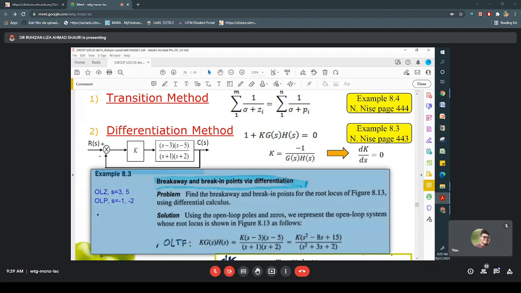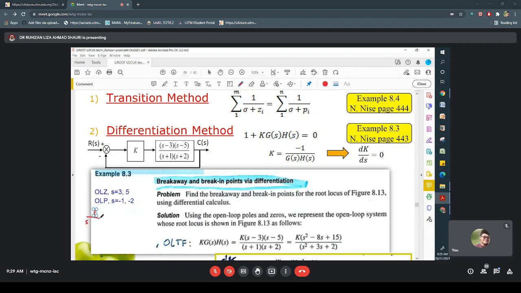So it becomes 1 over s minus 3 plus 1 over s minus 5, equated with 1 over s plus 1 plus 1 over s plus 2.